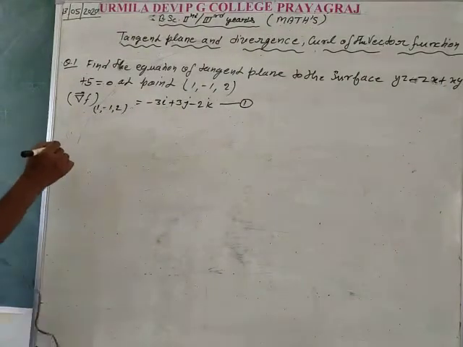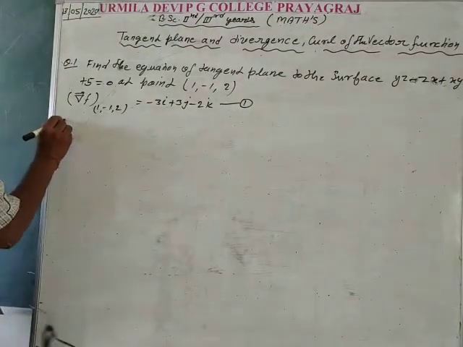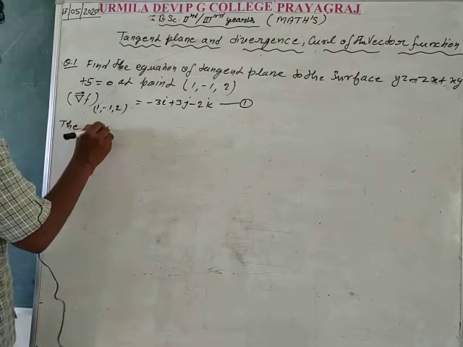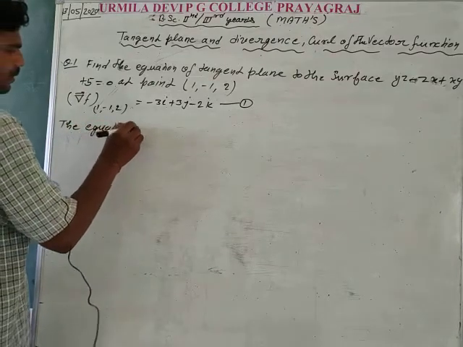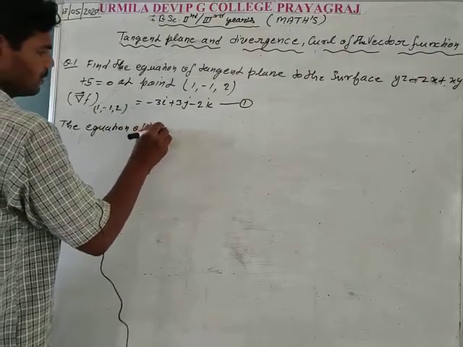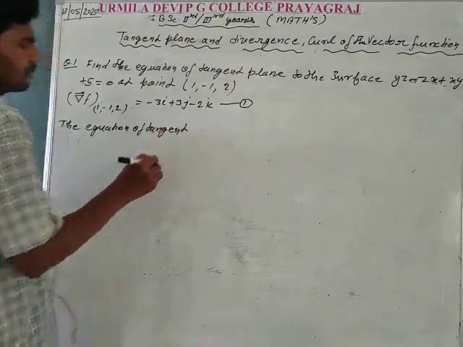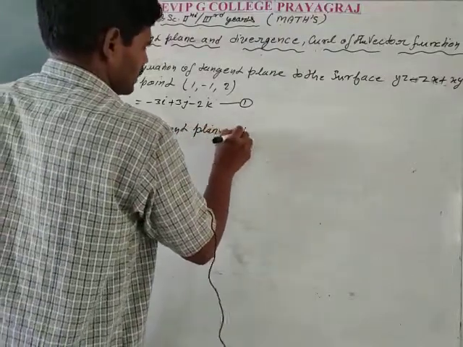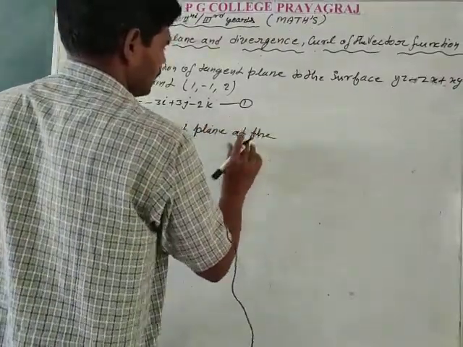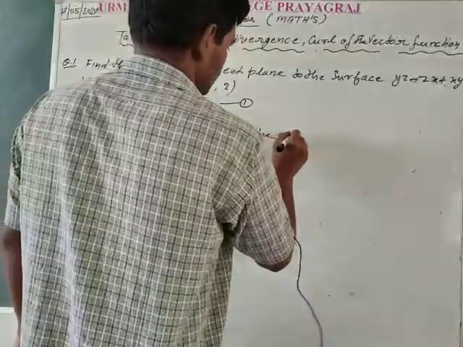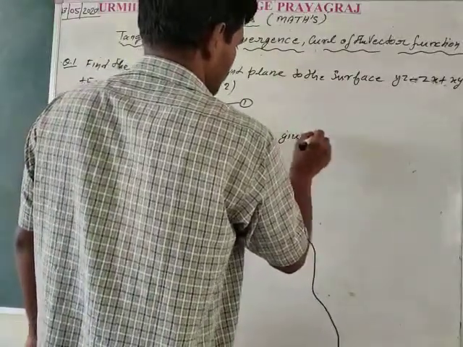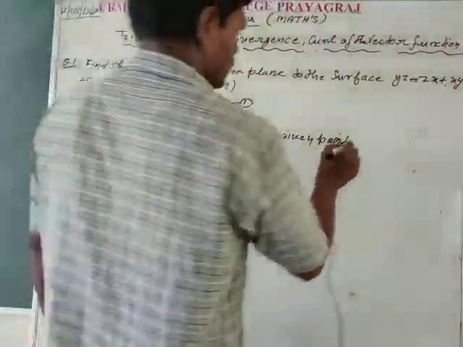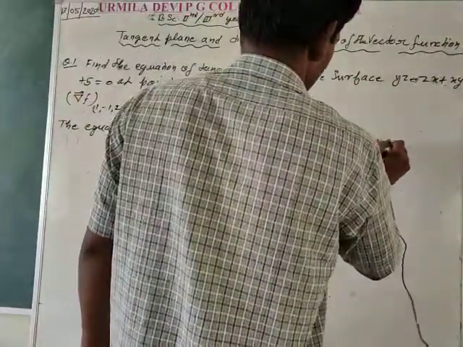Now write the equation of the tangent plane at the given point. Our given point is 1, minus 1, 2.